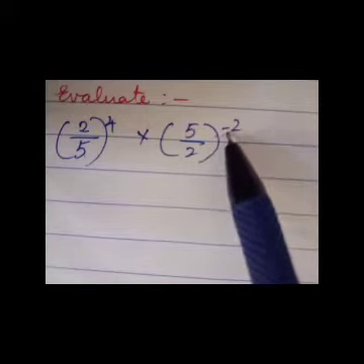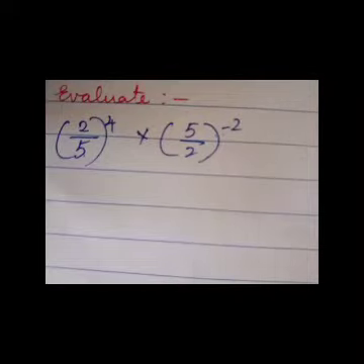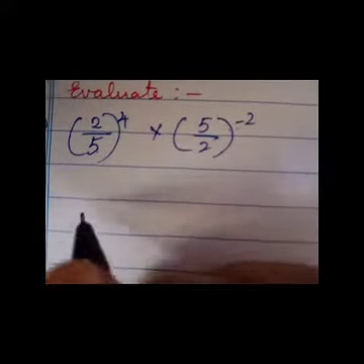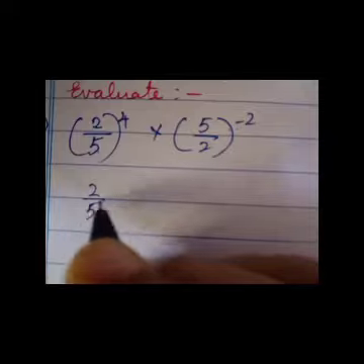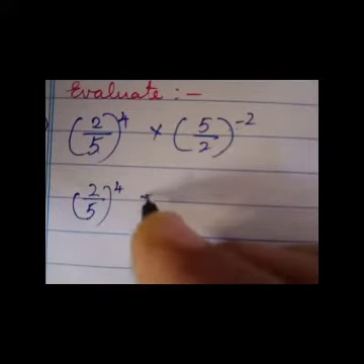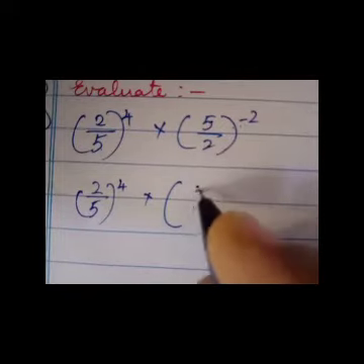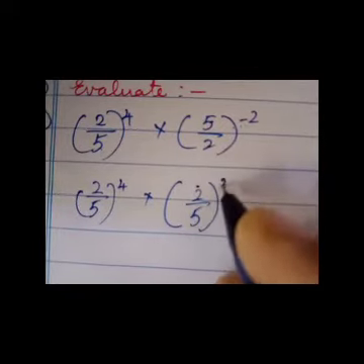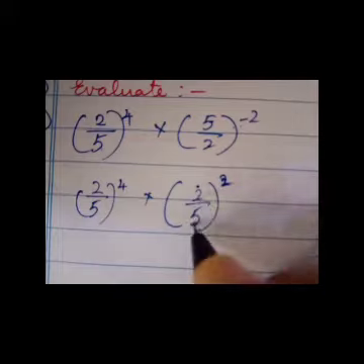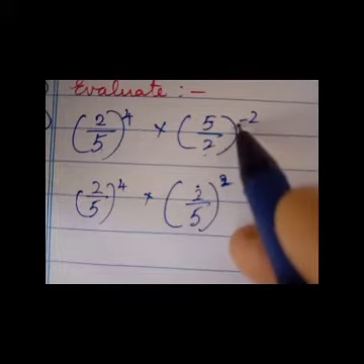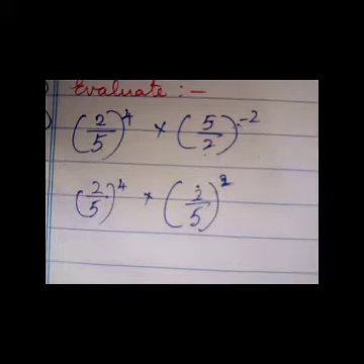You have to change it into positive by taking the multiplicative inverse. That is 2 by 5 the whole power 4 into the multiplicative inverse of 5 by 2, which is 2 by 5 the whole power 2. If you take the multiplicative inverse of the number, the power, if it is negative, is changed into positive.